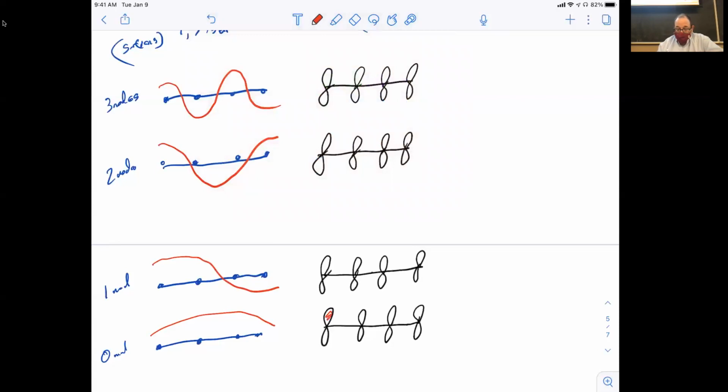So here I can shade all of these. If we look at the second one, I'm going to shade these 2, but then I'm going to drop to the bottom here.